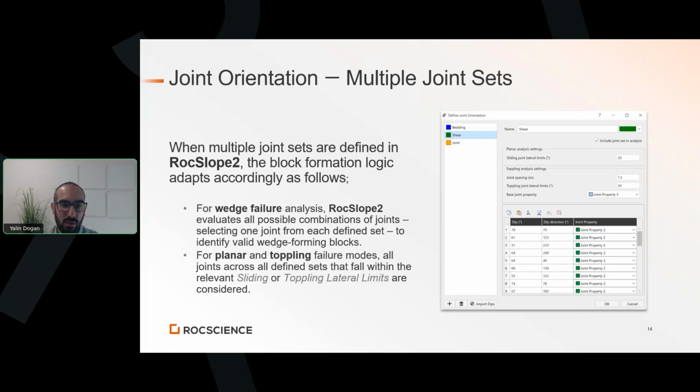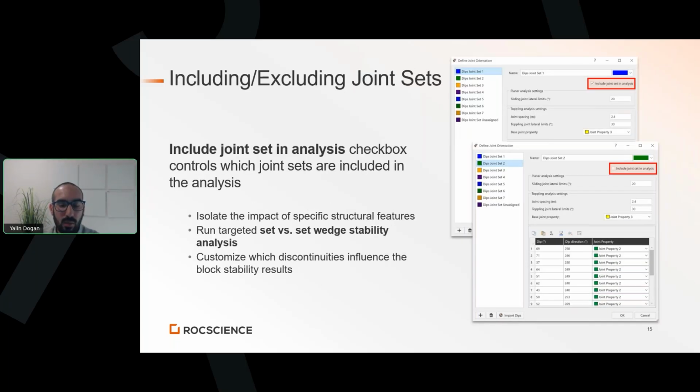One of the new options we included in RocSlope2 with the new multiple joint set feature is to selectively include or exclude joint sets in the analysis. Using the include joint set in the analysis checkbox now provides full control over which joint sets are considered in the block formation and the stability analysis, of course.